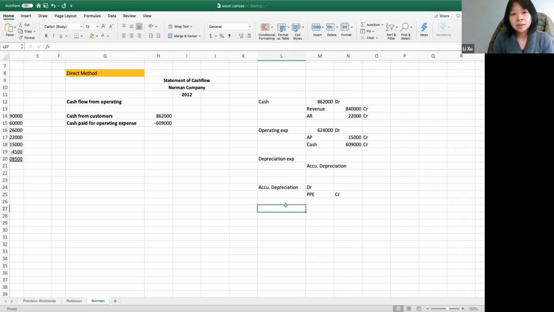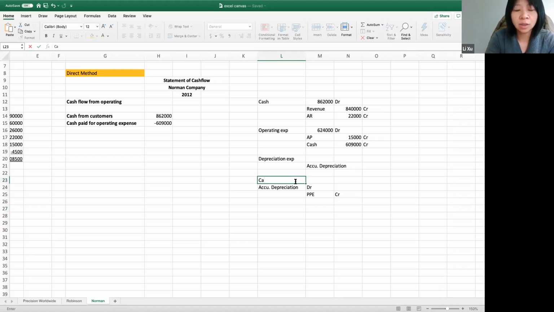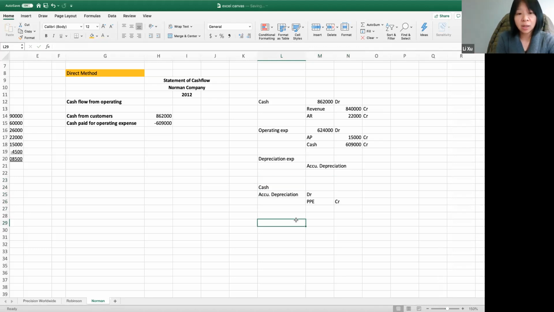So this is how you remove it from your books, and normally when you sell this PP&E, you are going to receive cash. Also, in this case you have a loss, which means the cash you receive is less than the book value you have on the books. So you have this loss on sales.